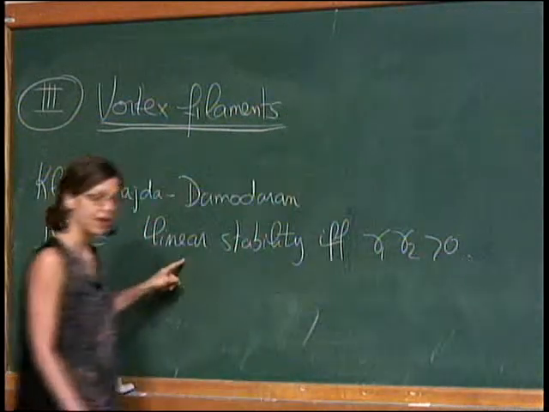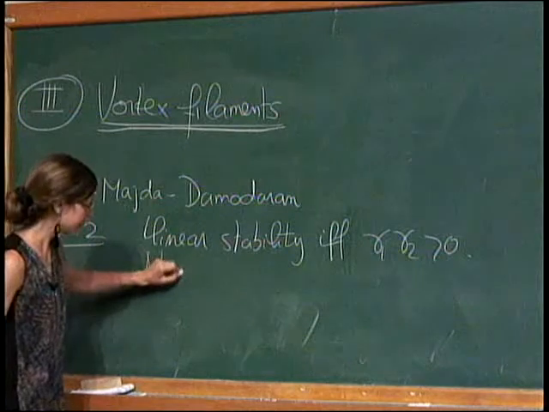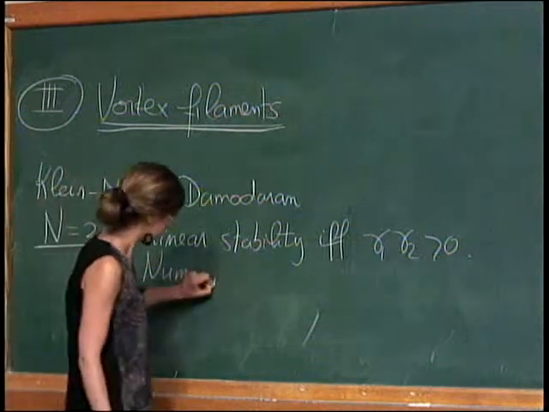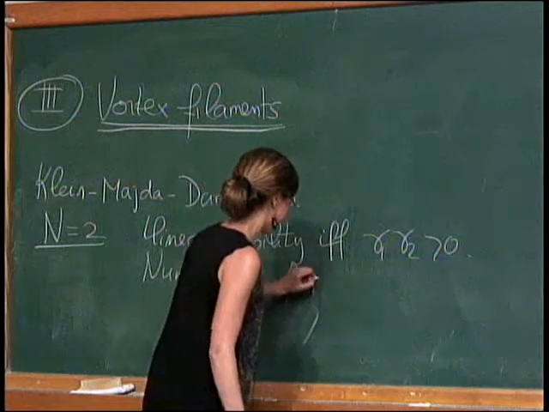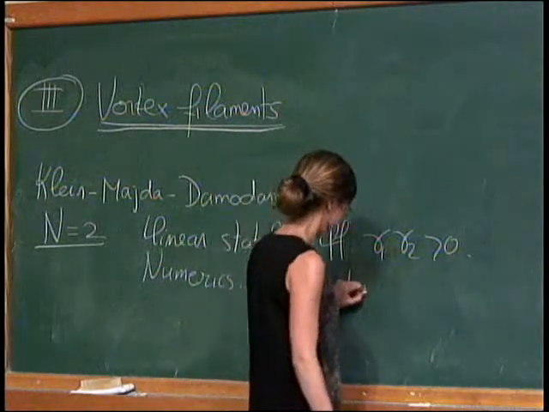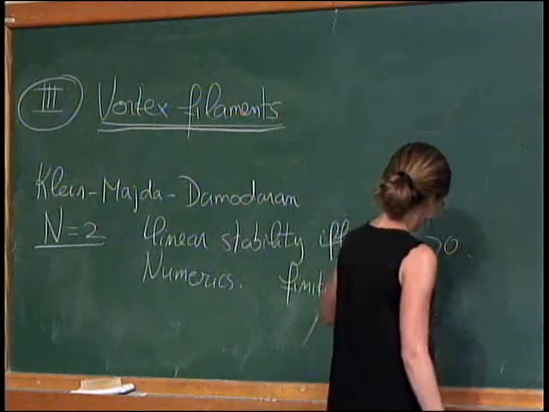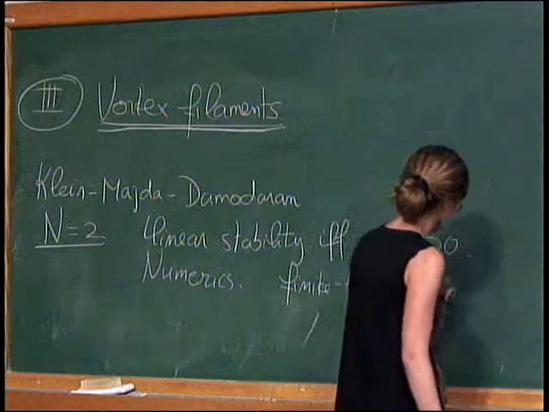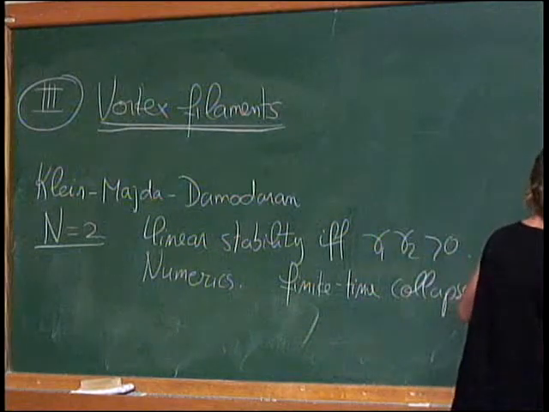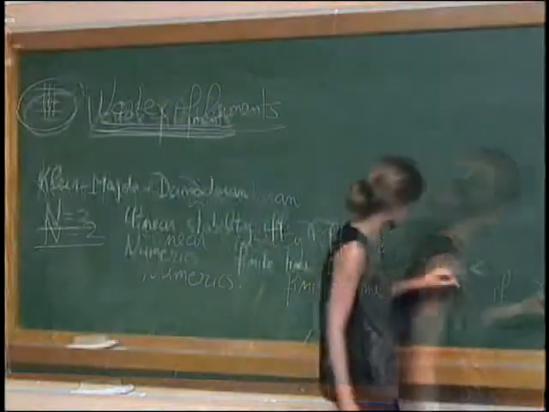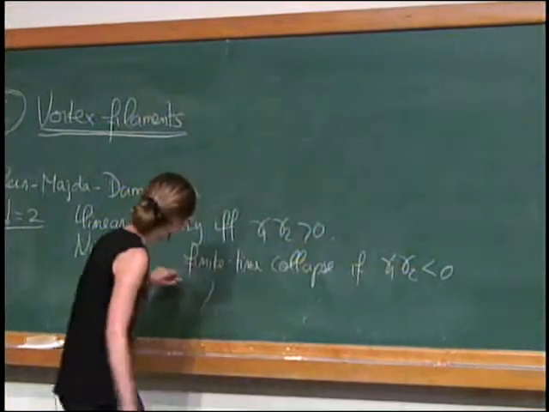And they did some numerics predicting finite time collapse, or collision, if you want, if gamma 1 and gamma 2 have opposite signs, and global existence if not.